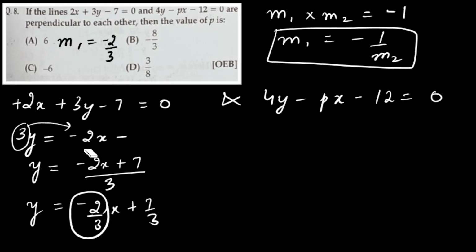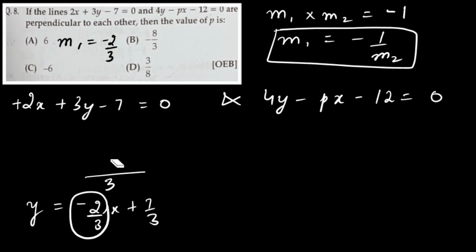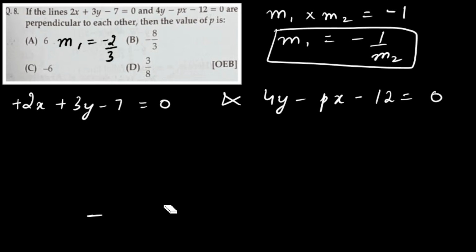Now I want you people to tell me what, since the lines are perpendicular to each other. I can see you people have given the answer also. Okay, let's see. But before that, I have found the slope of the first line.